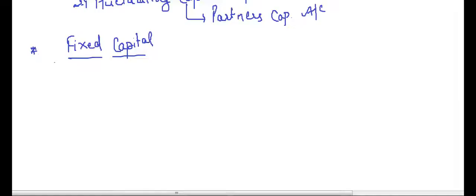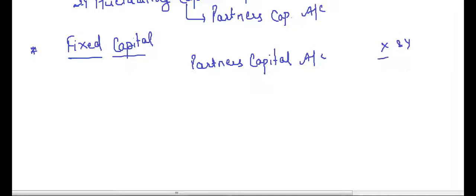In this fixed capital, we'll prepare the partner's capital account. Let's say there are two partners, X and Y. Now, how will we prepare the partner's capital account? Let's see.